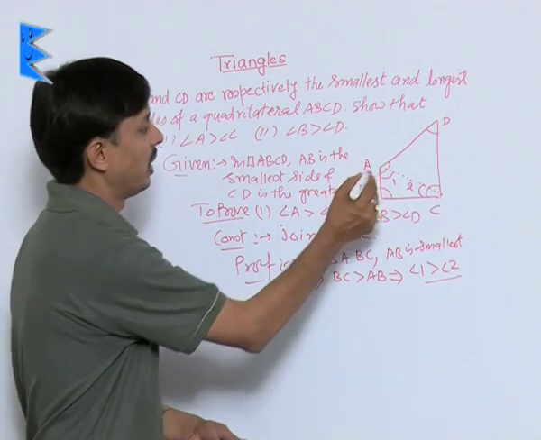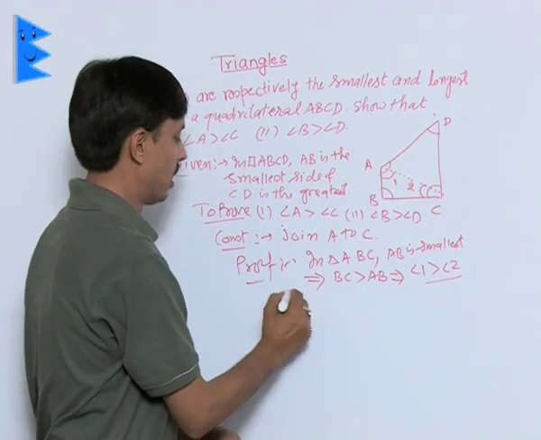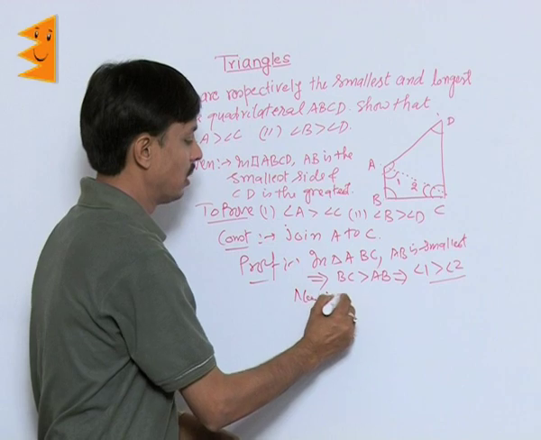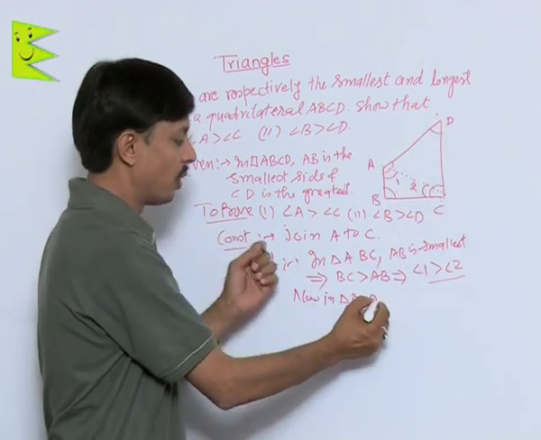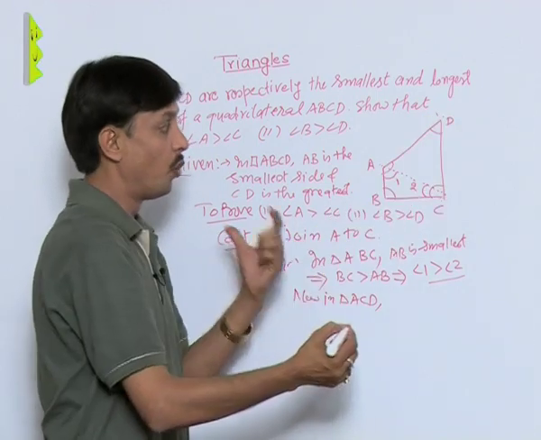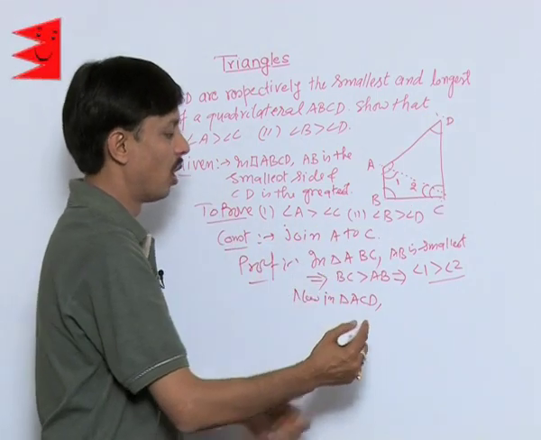Now I am taking triangle ACD. In triangle ACD, we have side CD which is greatest, longest.